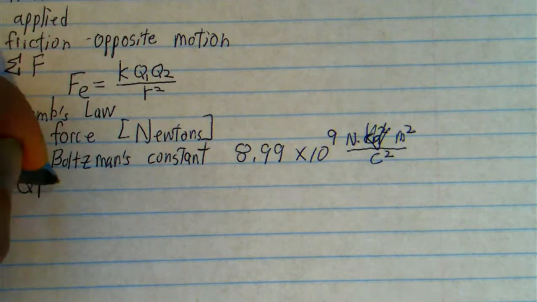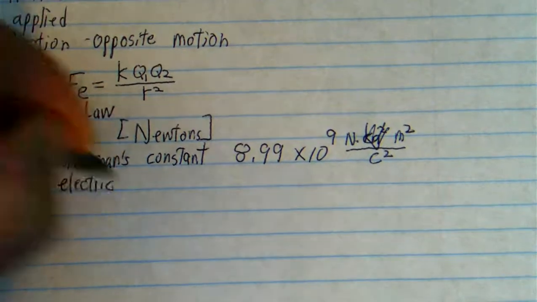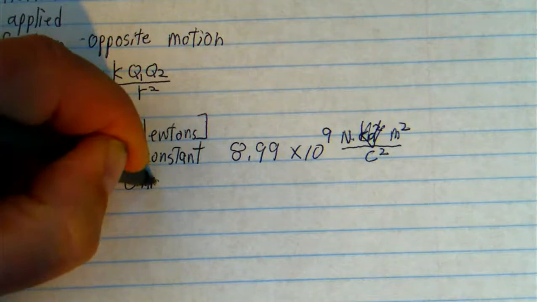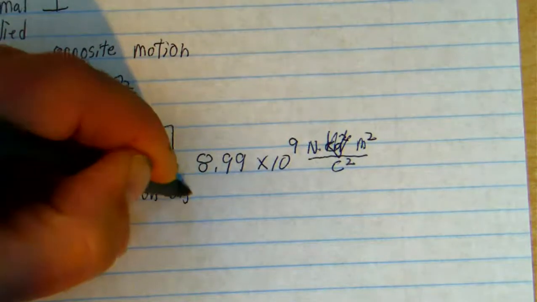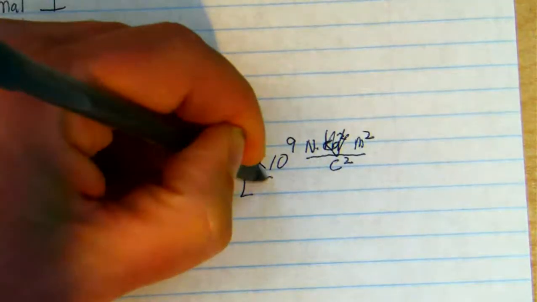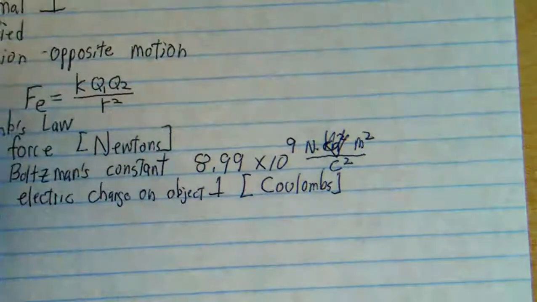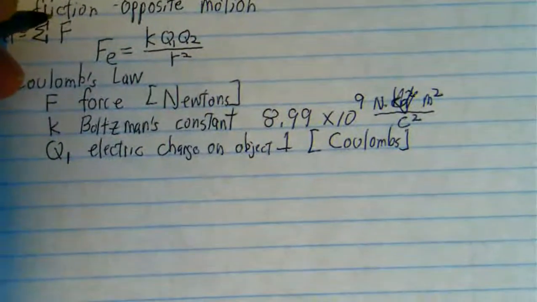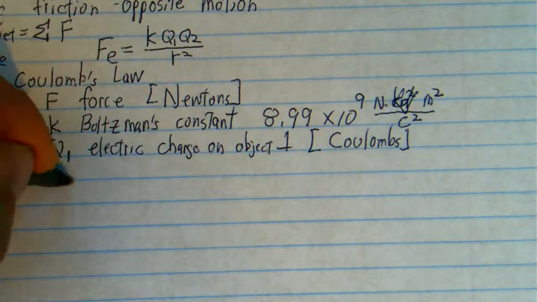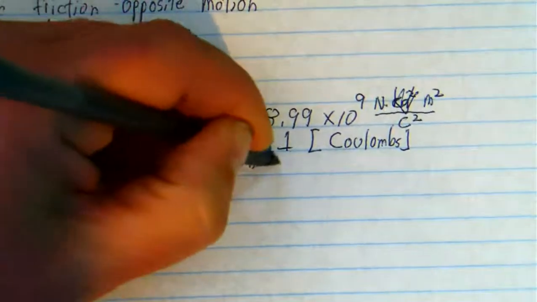Q1 is electric charge on object 1, and the units are coulombs. Q2, electric charge on object 2.